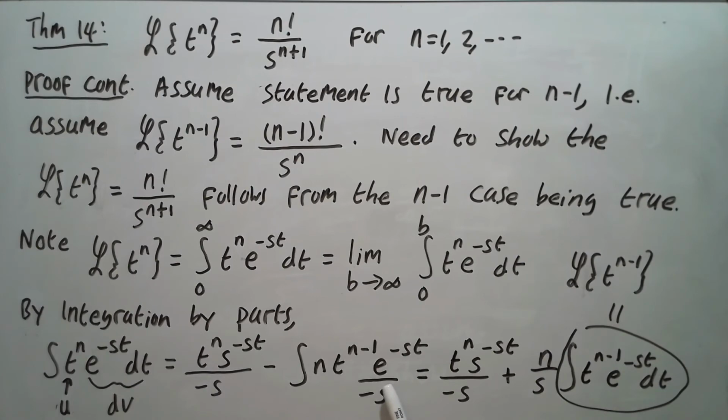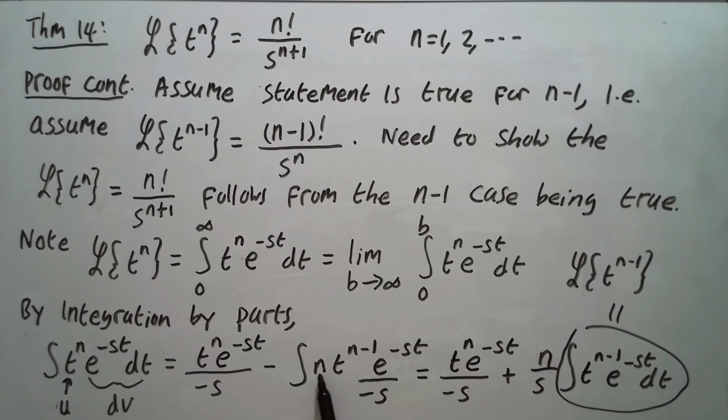Okay, and this last part has an integral, so I can pull the n and the minus s out. I can write this whole thing then as t to the n e to the minus st over minus s. Oh, there should be an e here. I messed up here. There should be an e in this, and an e over here.